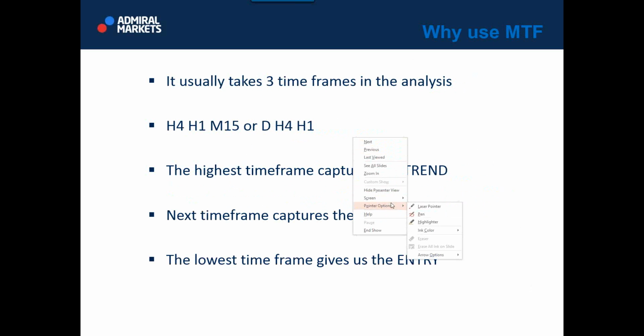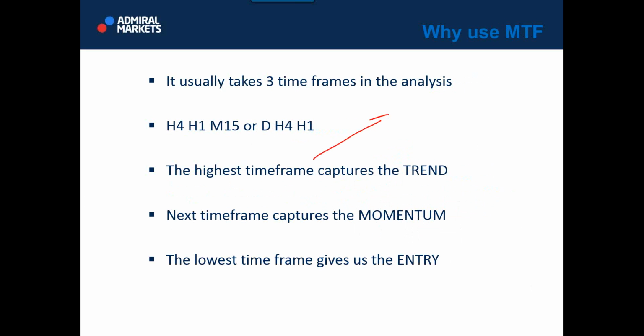In order to be able to pick the entry, you need to know the trend. Okay? You need to know the trend. If the trend is to the upside, the next lower time frame also needs to have momentum to the upside.